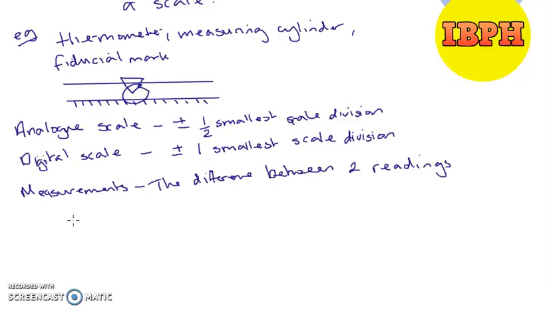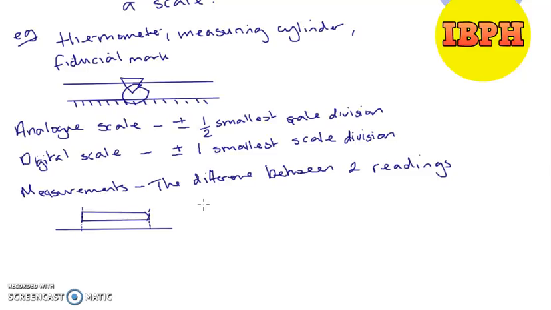So if, for example, I had a pencil against a ruler, I've got one reading here and one reading here. So in that case, we've got plus or minus half the smallest scale division in this position, and plus or minus half the smallest scale division in this position.